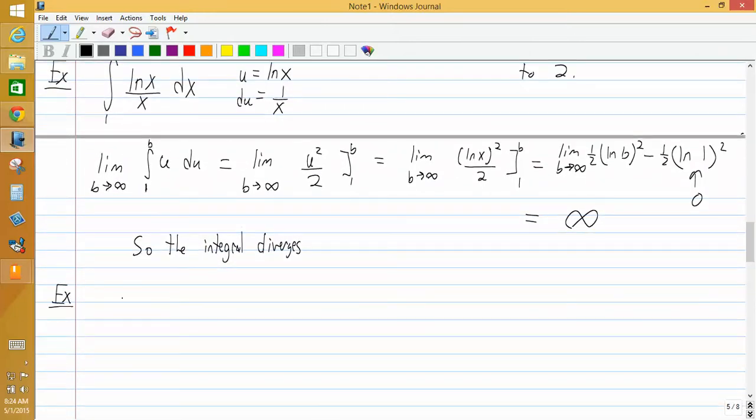Alright, let's look at this one. The integral from negative infinity to positive infinity of 4 over 16 plus x squared. I'm going to choose on this one to break this up at 0.